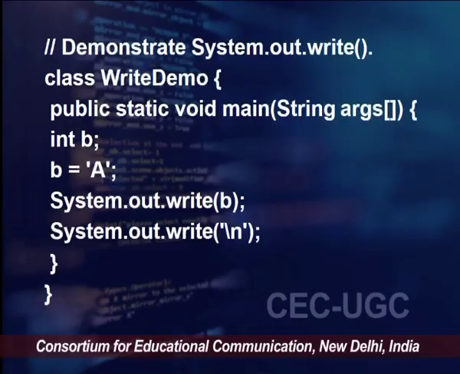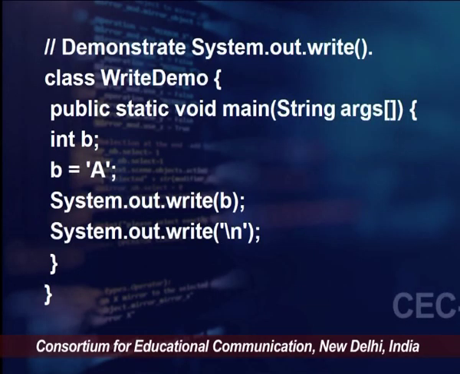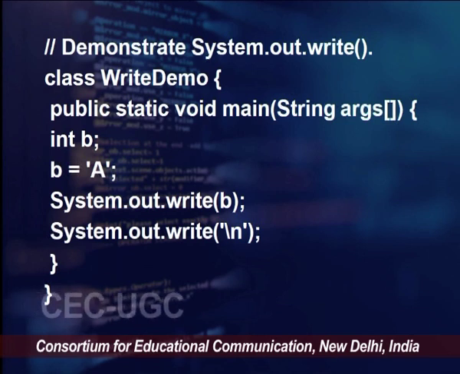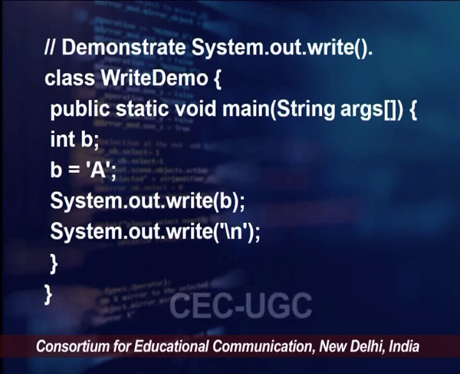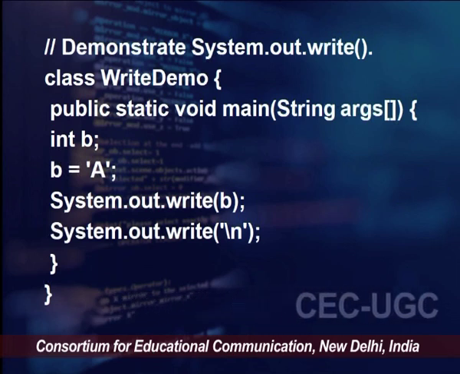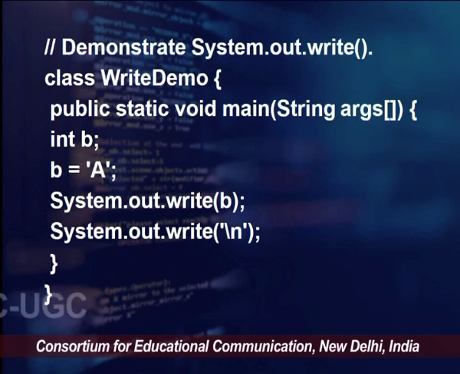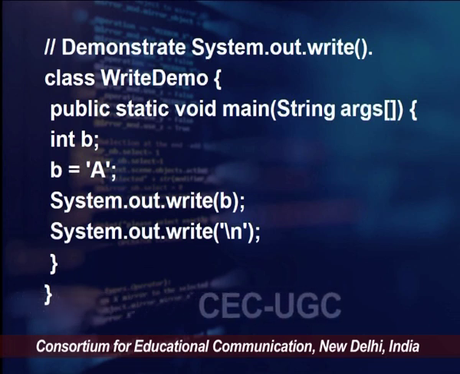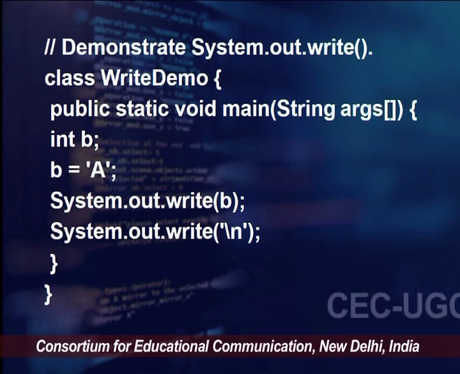We have written int b, and within b we have stored the character A. What will be stored in b is actually the integer value corresponding to the capital A, and that will be printed on the screen.